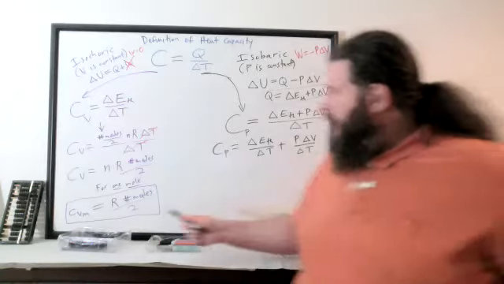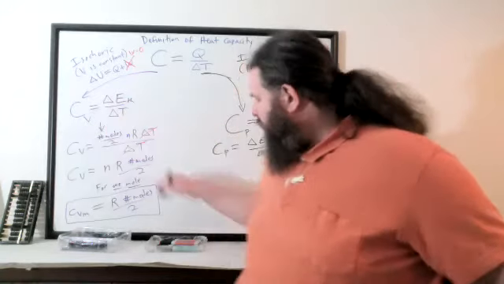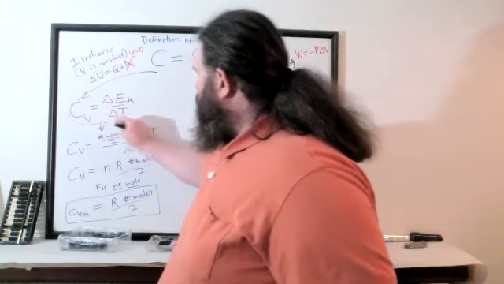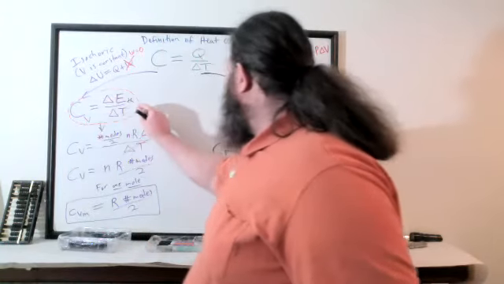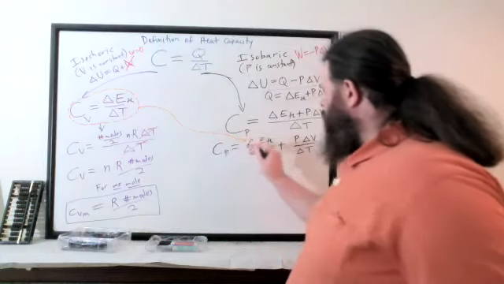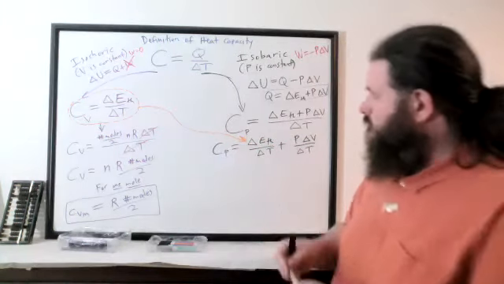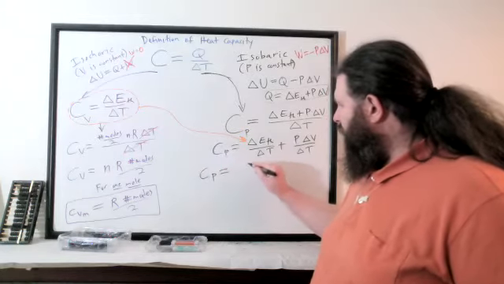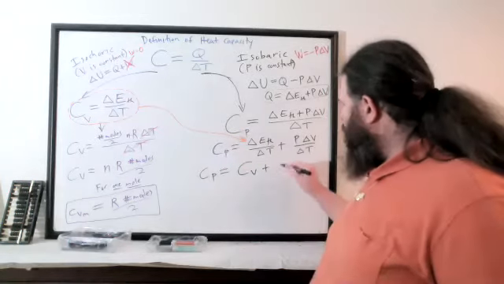Yeah, that is exactly CV. CV is delta E thermal over delta temperature. So we can make a substitution. CP then is going to be CV plus this extra term.